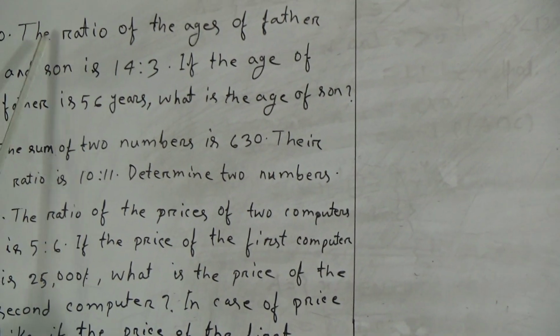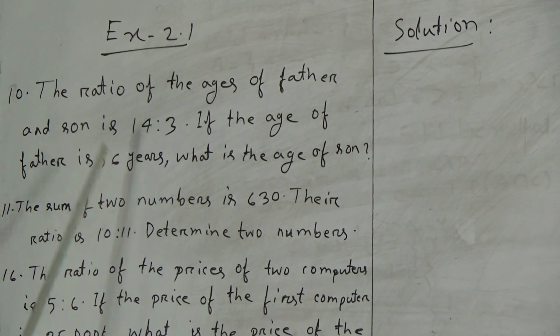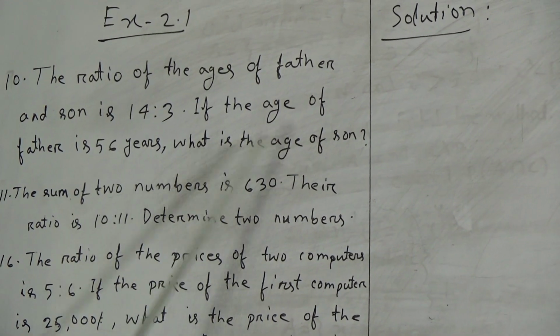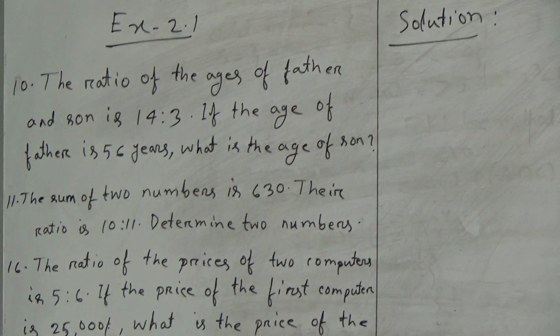Here, the question is, the ratio of the age of father and son is 14:3. If the age of father is 56 years, what is the age of son?